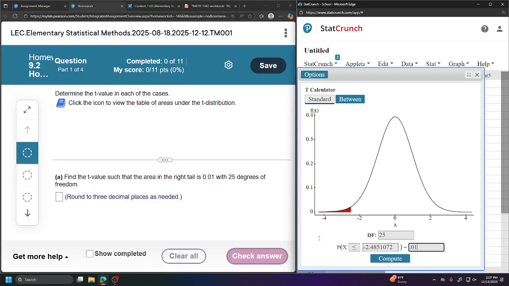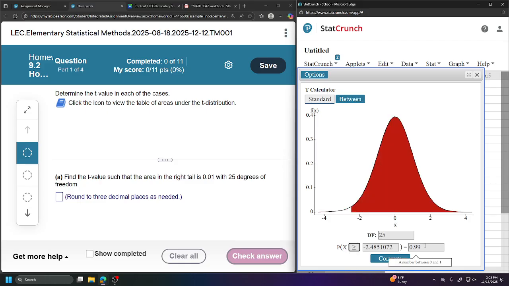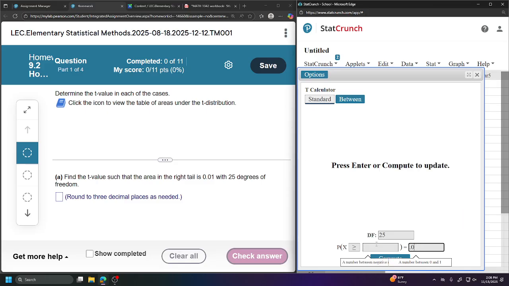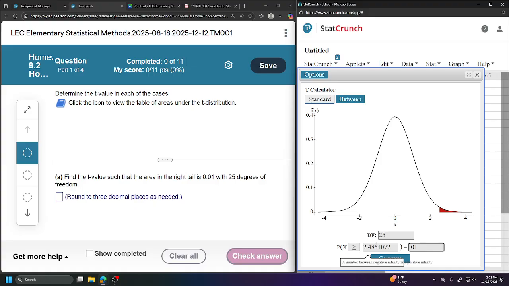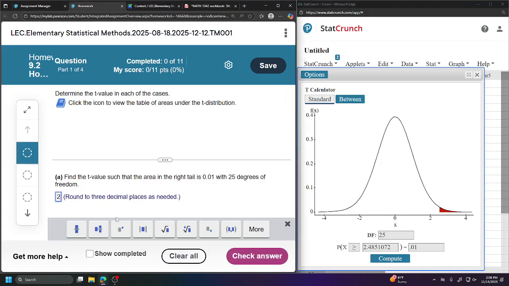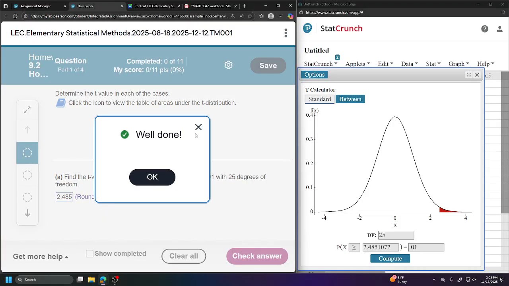No. It said on the right tail. That's a left tail, isn't it? So I got to flip it. Okay, let me flip it. So I'm going to change this little arrow thingy to the other side. Oh, well, hold up. That's not 1% anymore, is it? So it's 99, so I got to change it again. Back to 1%. Let's try it. 2.485. There we go.